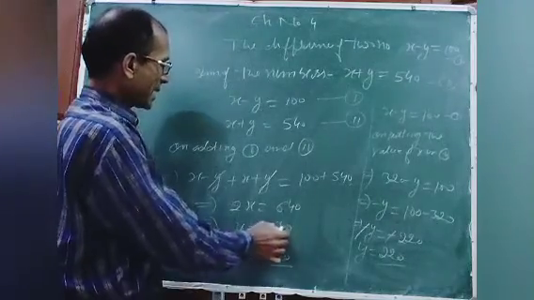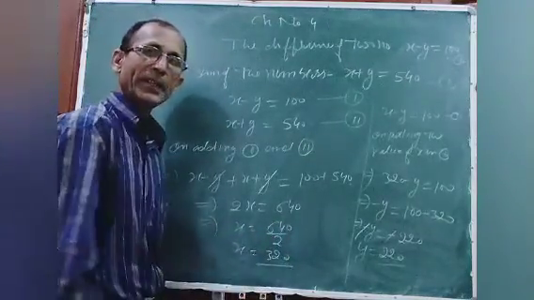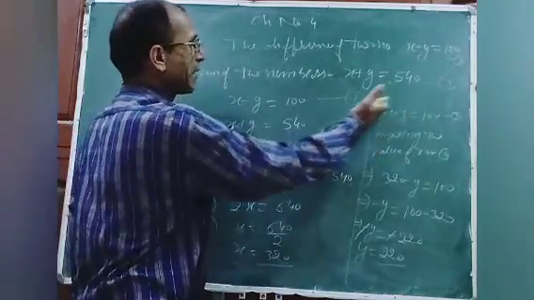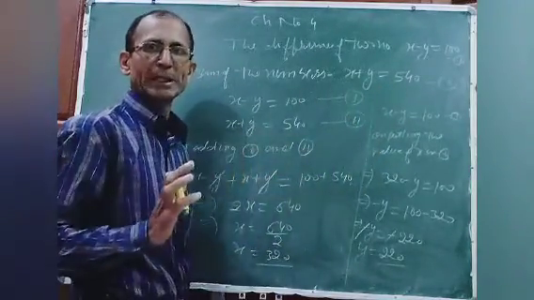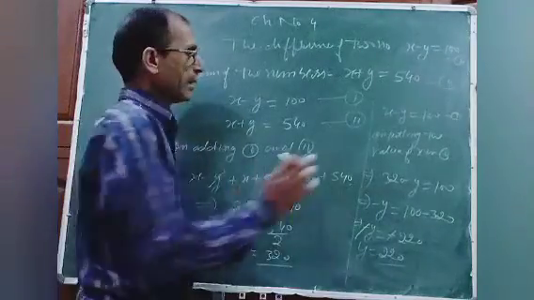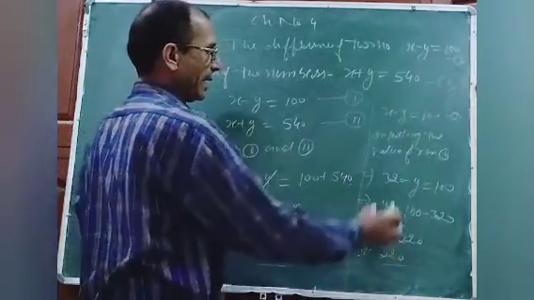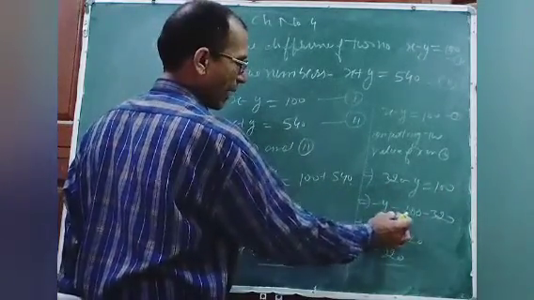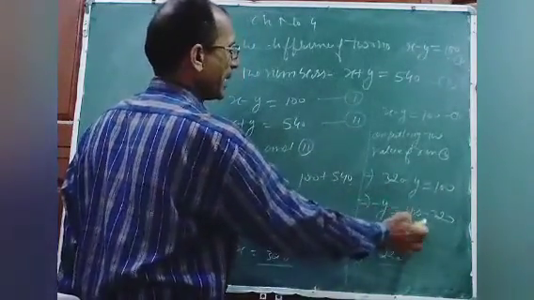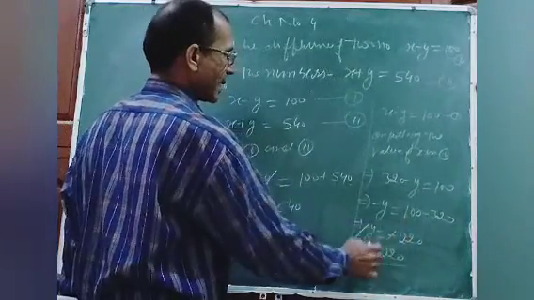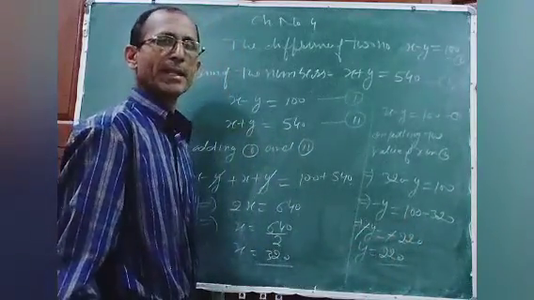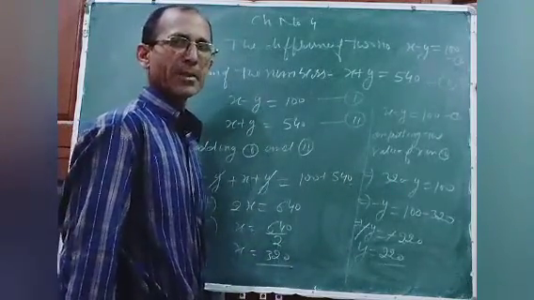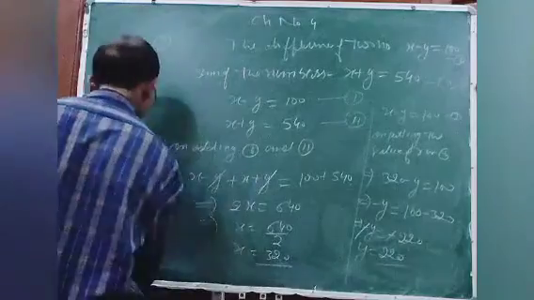So value of x is 640 by 2, so 320. Now after finding the value of x, you can put it in any equation, you can put in 1 or 2, this doesn't matter. So x minus y is equal to 100, so 320 minus y is equal to 100, so y will be minus 220. Minus cancels minus, y is equal to 220. So numbers are 320 and 220. Understood? Okay. Now next.